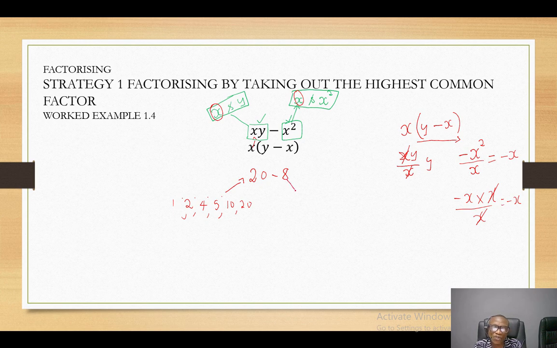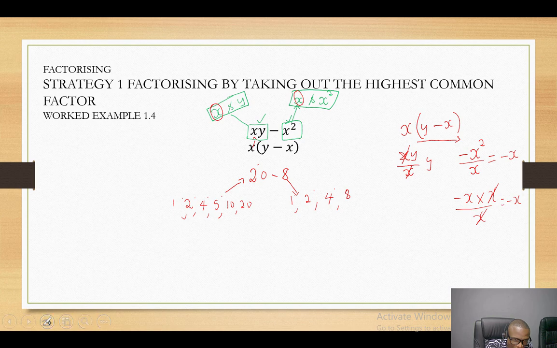What are the factors of 8? It's 1, 2, 4, 8. Now, what is the highest common factor? If we look at all the factors of 20 and all the factors of 8, which factors do 20 and 8 have in common?